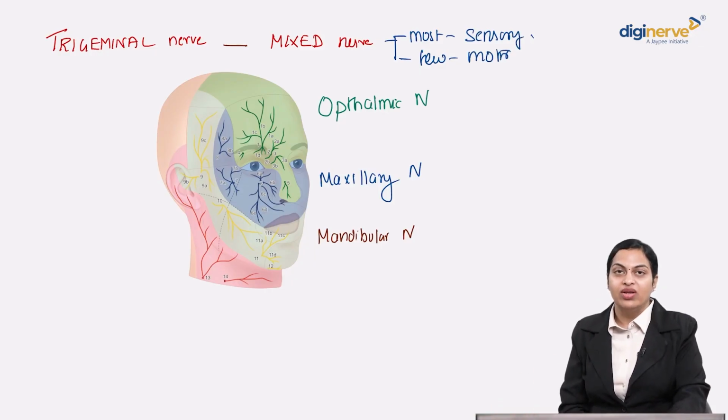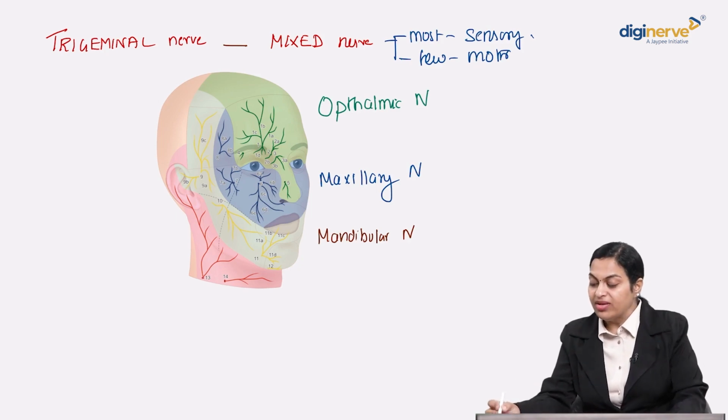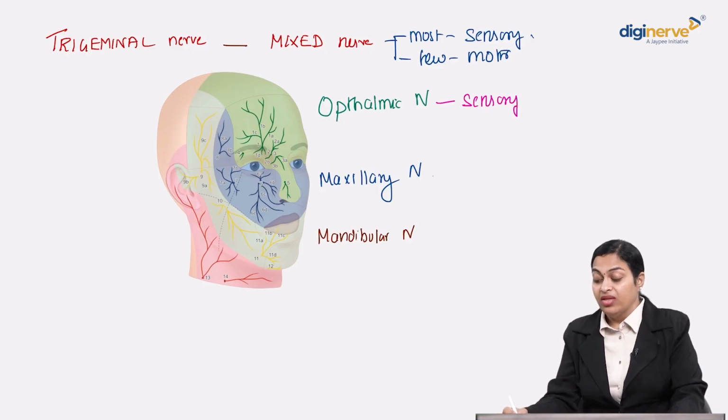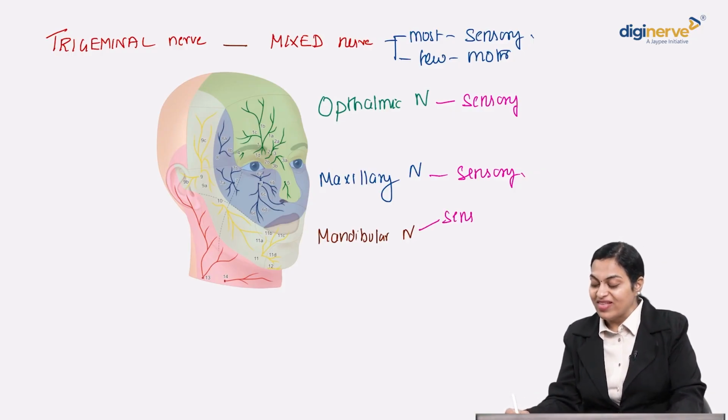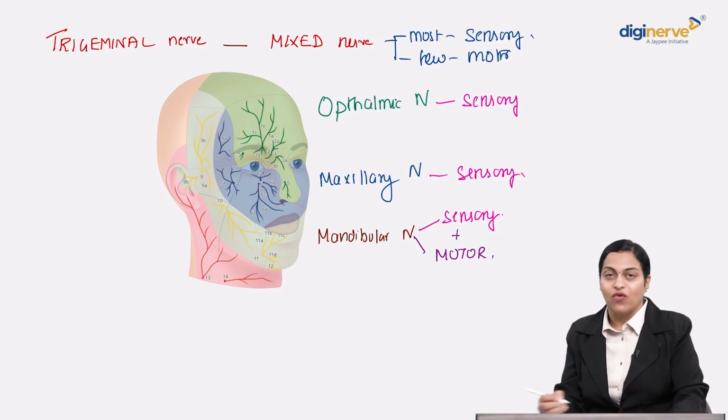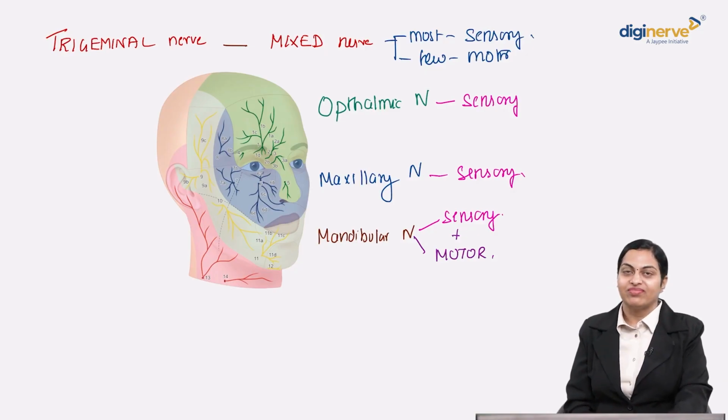That is why we call it the mixed nerve. The ophthalmic nerve is entirely sensory. The maxillary division is also entirely sensory. The mandibular division is sensory, as well as it carries the motor fibers of the trigeminal nerve.